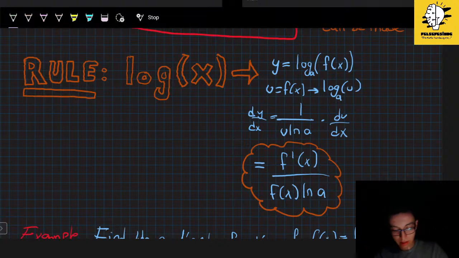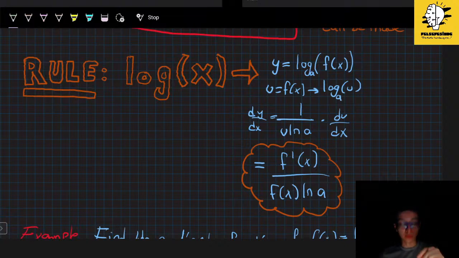Okay, nice. So again, dy/dx will be equal to dy/du times du/dx. I can see that since I have this log, it means that when you see log directly, write 1 over u ln a.